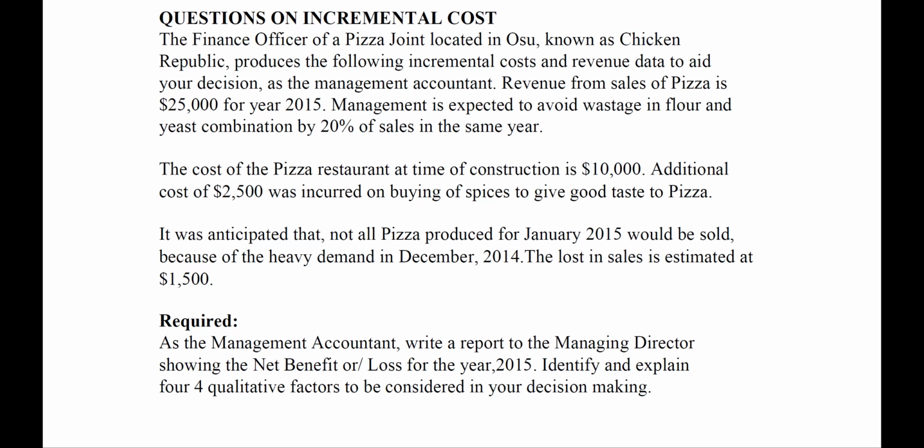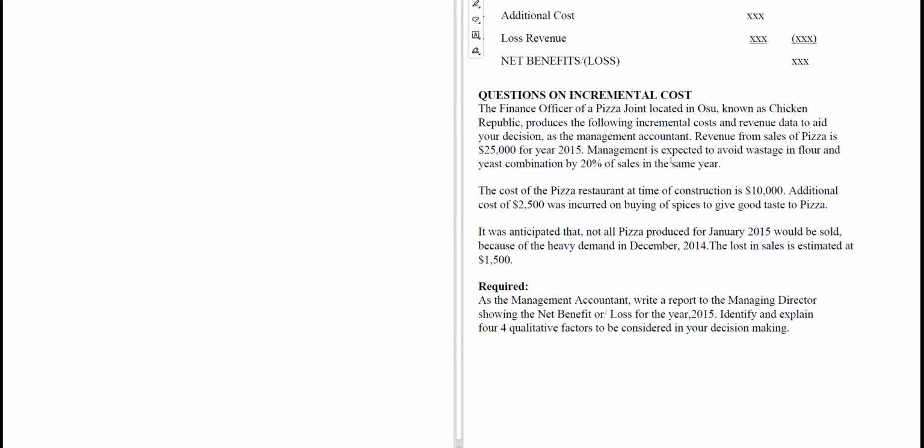So looking at the example we are looking at, it says the finance officer of a pizza joint located in Osu, known as Chicken Republic, produces the following incremental cost and revenue data to aid your decision.